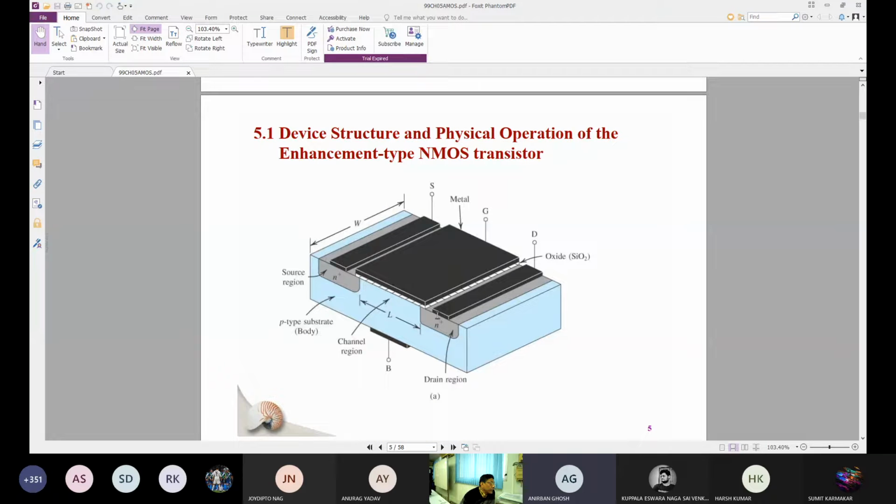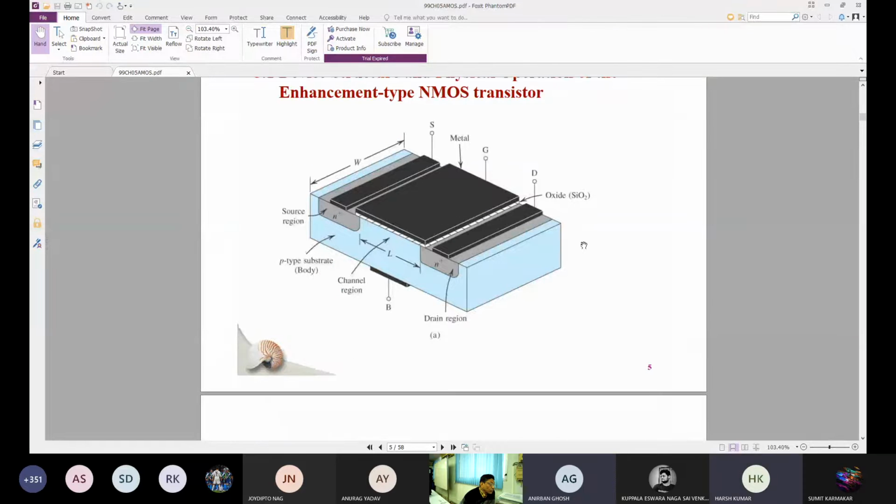So my slides are visible. Yes, sir. So let's see the structure once again.